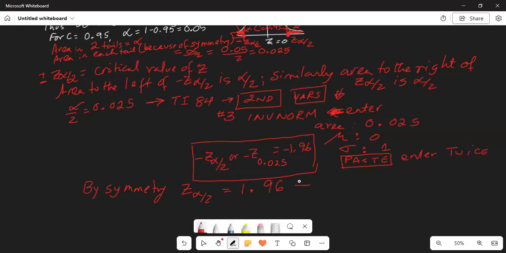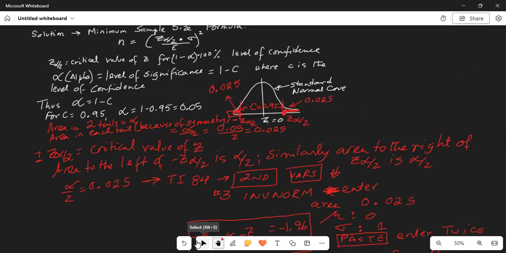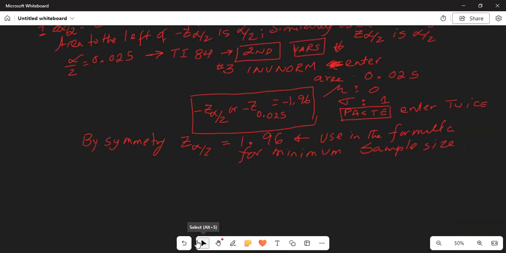This is what we are going to use in the formula for minimum sample size. Okay, if I move this up, the formula is over here. I will repeat it, I'll write it down. Minimum sample size, sample size.